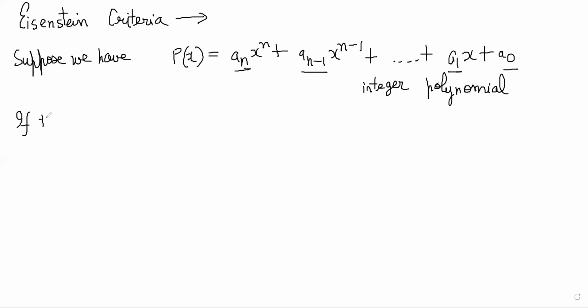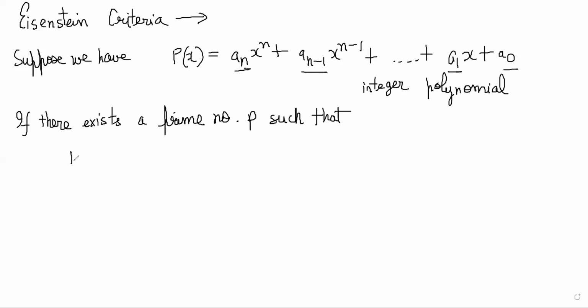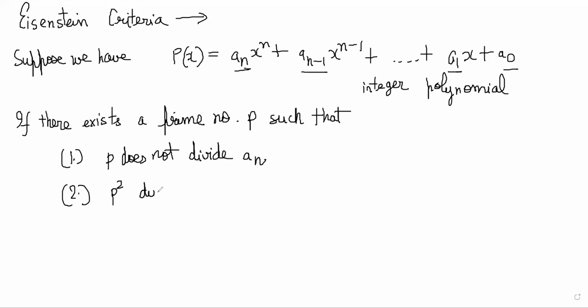Now if there exists a prime p, prime number p, such that the following three conditions are true. First condition is p does not divide a_n. P does not divide a_n, right? The second condition is p square does not divide a_0. So p does not divide the first coefficient and p square does not divide the last coefficient.